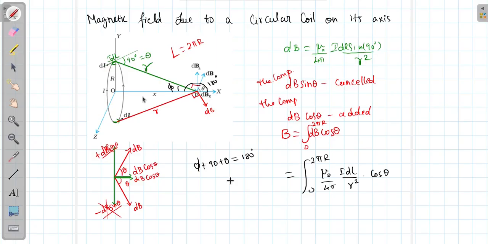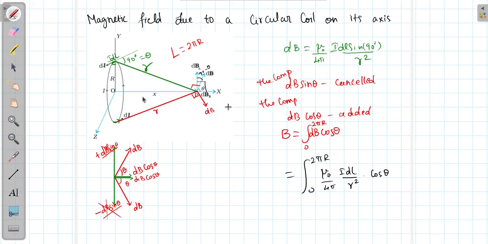So this one is theta. Actually, here it is 90 degrees, therefore this angle is 90 minus theta. Is it right?